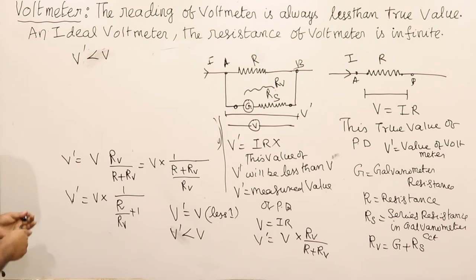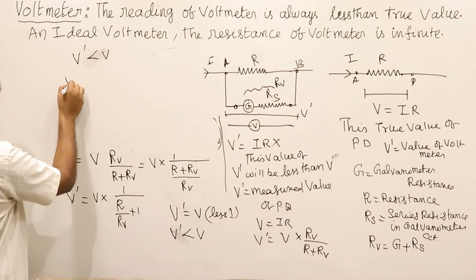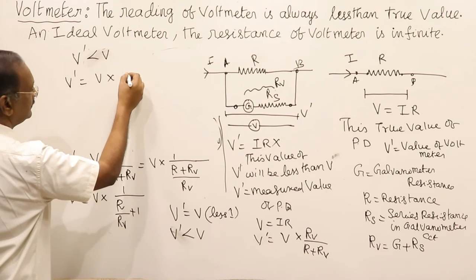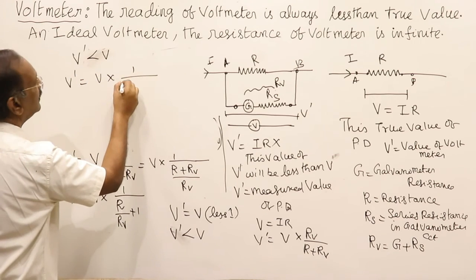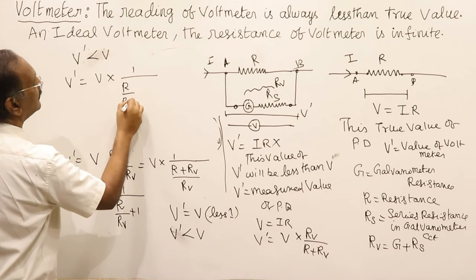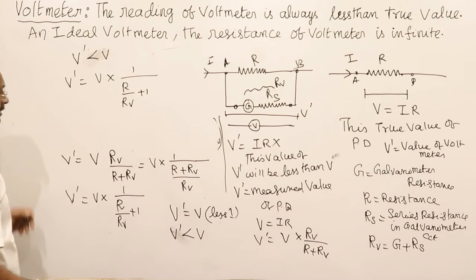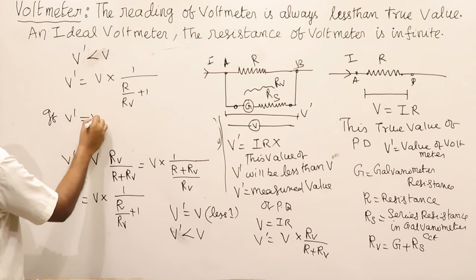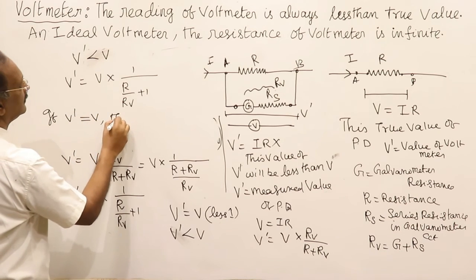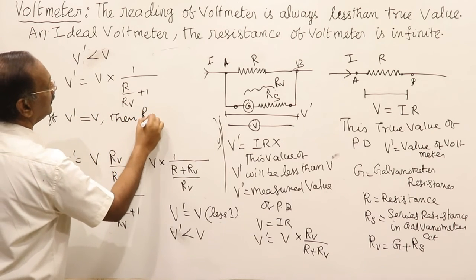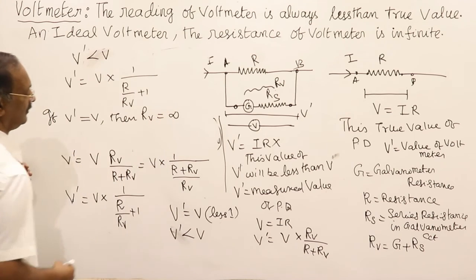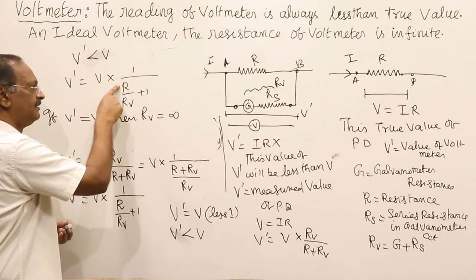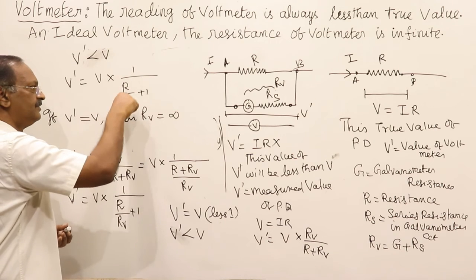Now we can write from here also, V dash is equal to V into 1 by R by RV plus 1. Suppose V dash is to be equal to V, then RV should be infinite. Why should it be infinite? R divided by infinite, anything divided by infinite is equal to 0.